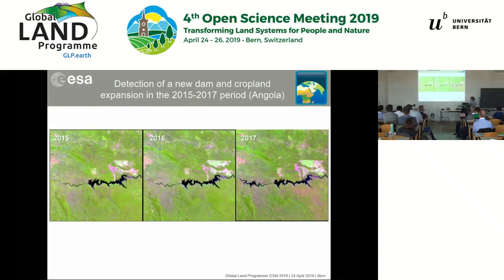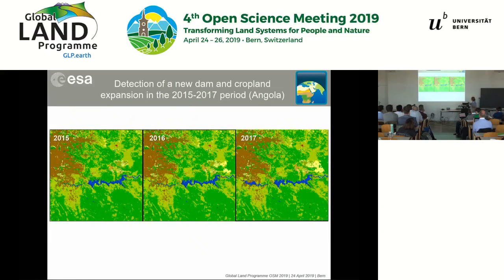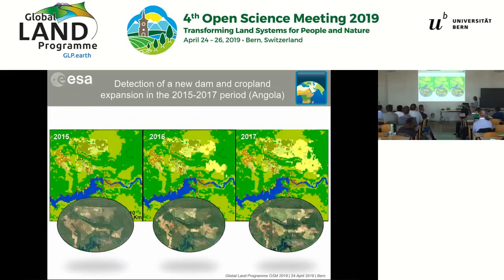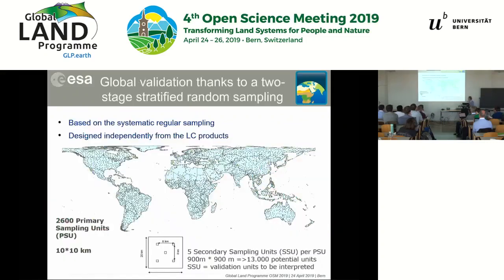Between 2015 and 2017, there was a dam constructed here and a cropland expansion in Angola, and we are able to detect it here. This is a closer look, just to show that this corresponds to the reality. So these are the kind of examples that we can have on an annual basis.